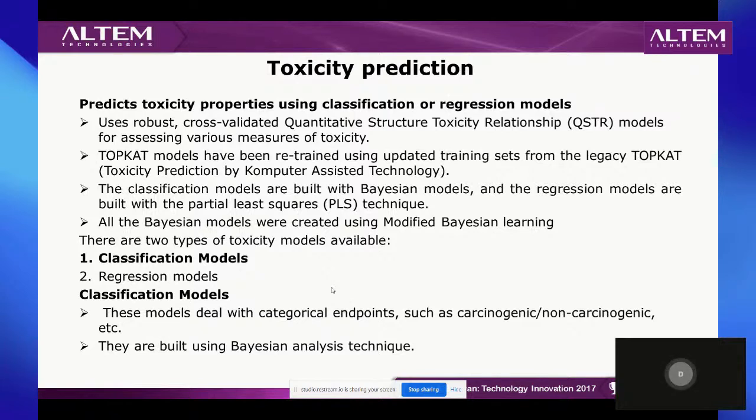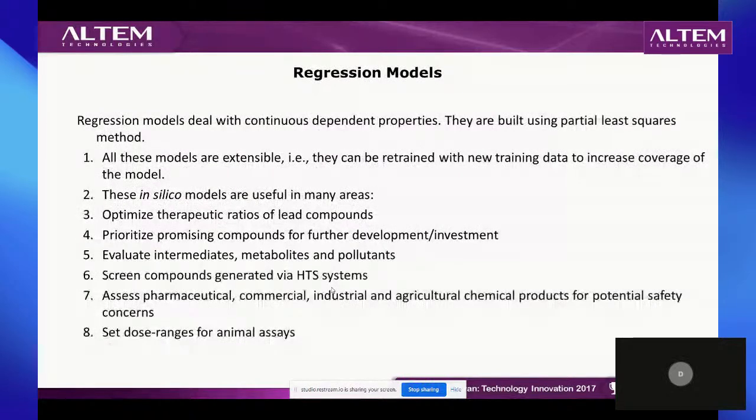The TOPKAT model basically uses training set data and is also known as the toxicity prediction computer assisted technology. It has been built using Bayesian models and regression models using a PLS technique. It is a classification model, a category of data endpoints, just whether your compound is carcinogen or non-carcinogen, and it can distinguish gender specific results using a Bayesian analysis technique.